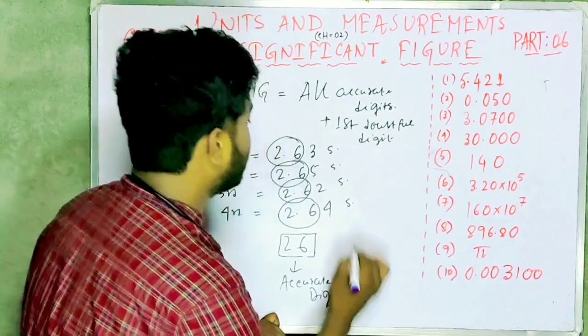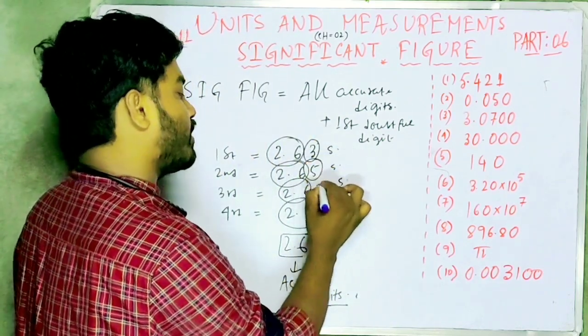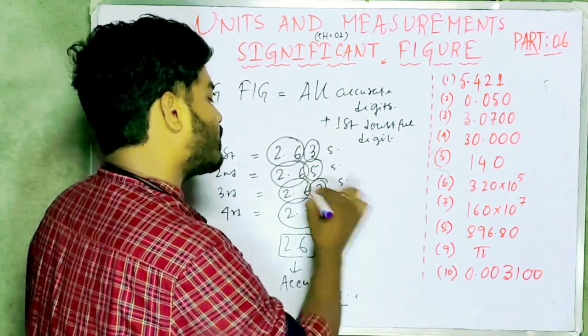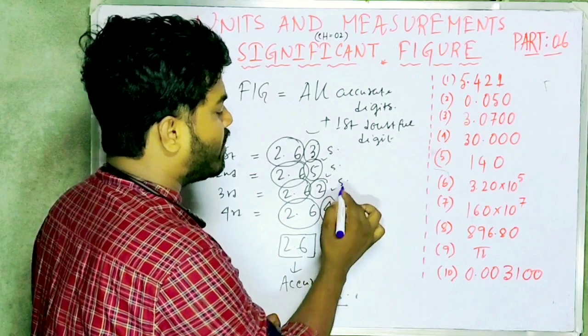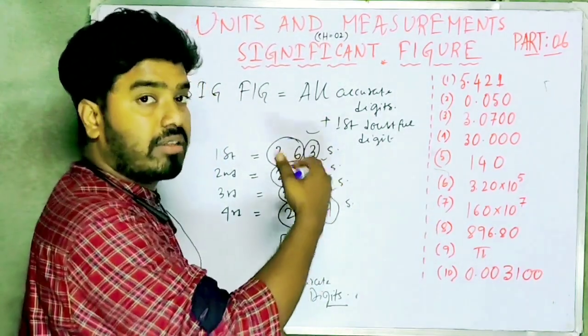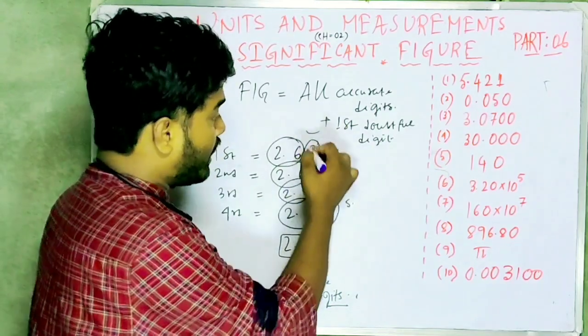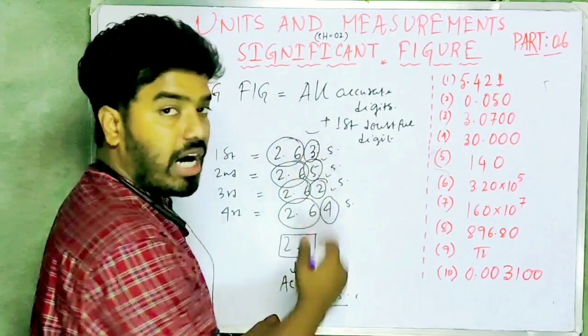And just check the first measurement: this one is 3, this one is 5, this one is 4, this one is 2, and this one is 4. The third digits for every measurement are varying. So it depends on person to person measurement. So we can say that 3, 5, 2, 4 are all doubtful digits.